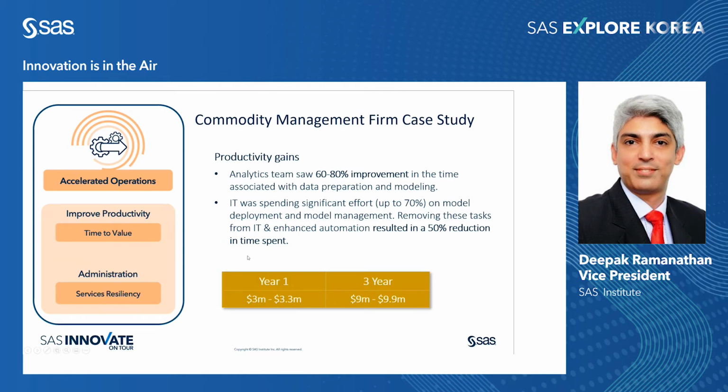The savings, as you can see, for year one was anywhere between $3 to $3.3 million. And if you extrapolate that to 3 years, it's anywhere between $9 to $9.9 million. This total result was an average productivity benefit of $3.3 million a year.